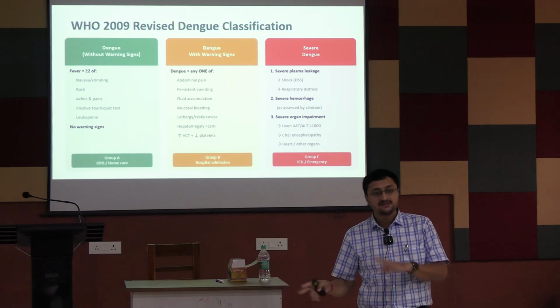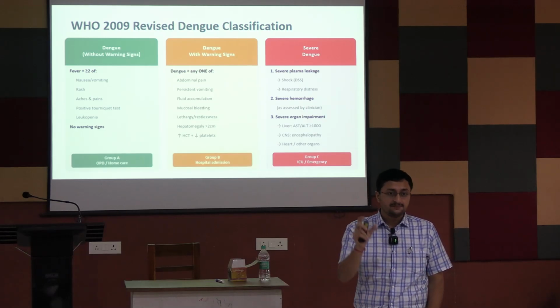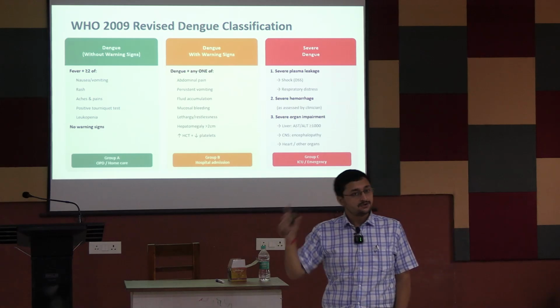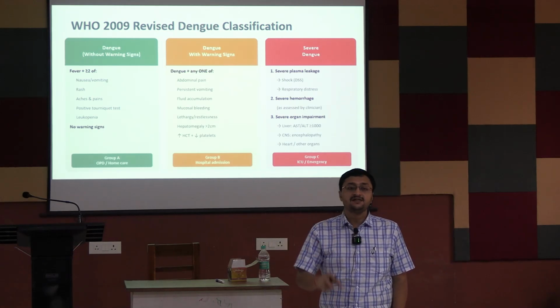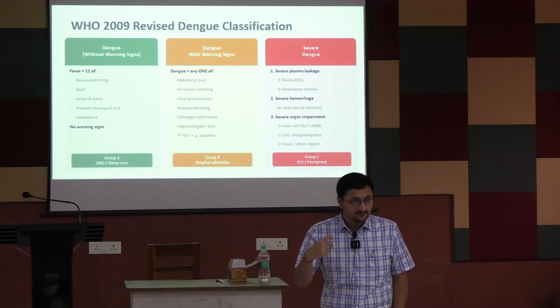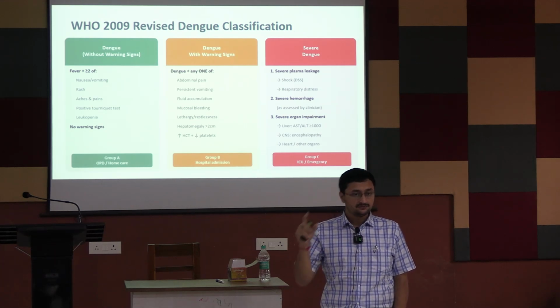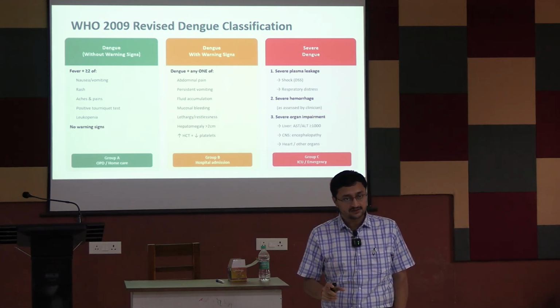Second one is moderate dengue, that means group B, and I have already discussed the warning signs. If the patient is presenting with fever along with any one of these warning signs, this is called moderate dengue.